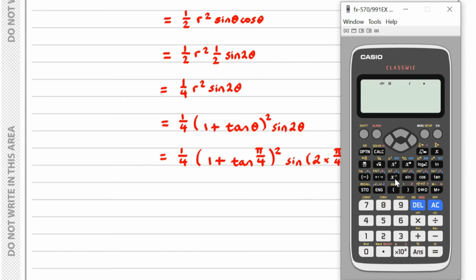So let's work this out. It turns out here the area of the triangle is 1 unit squared.